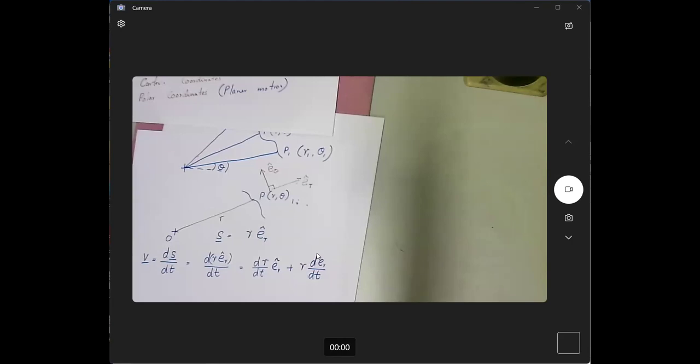Well, e_r is a unit vector. It is zero, right?